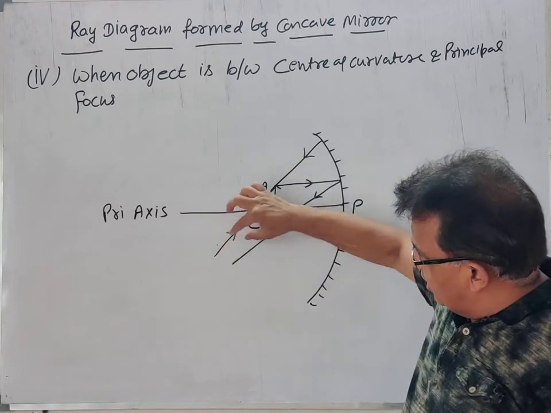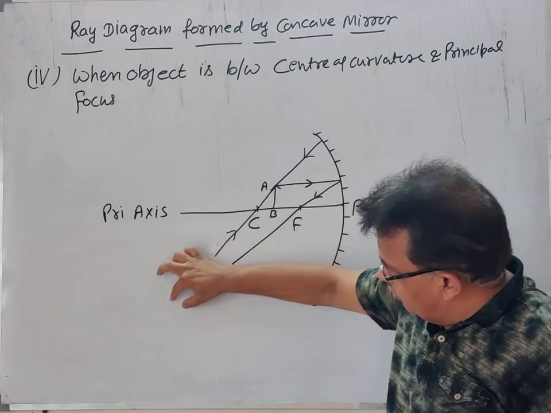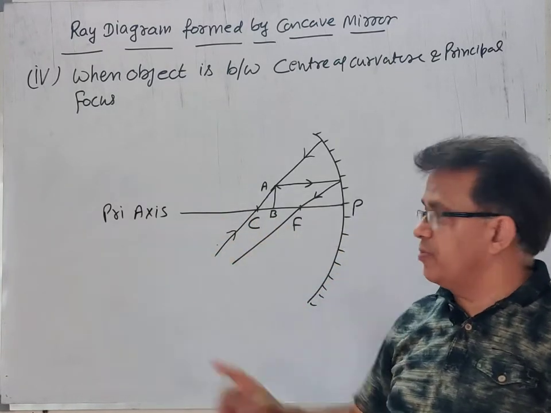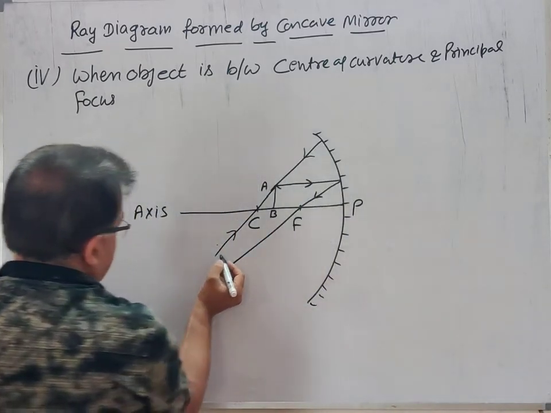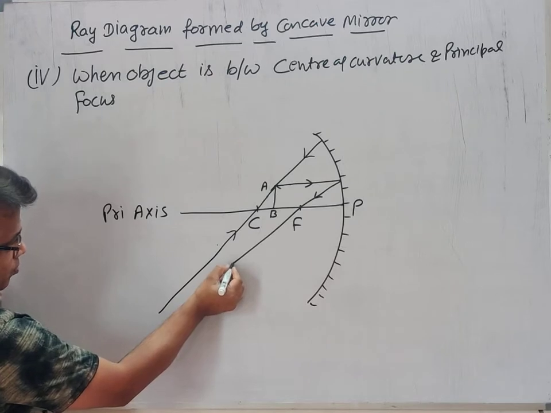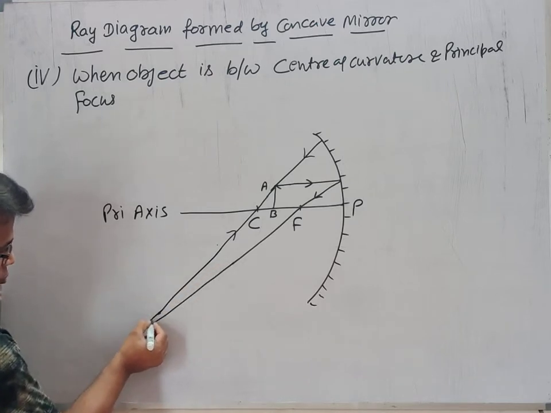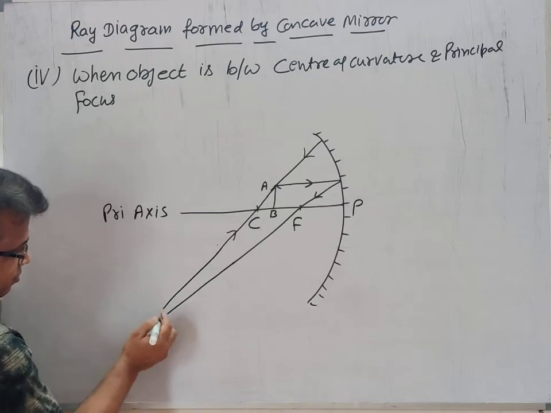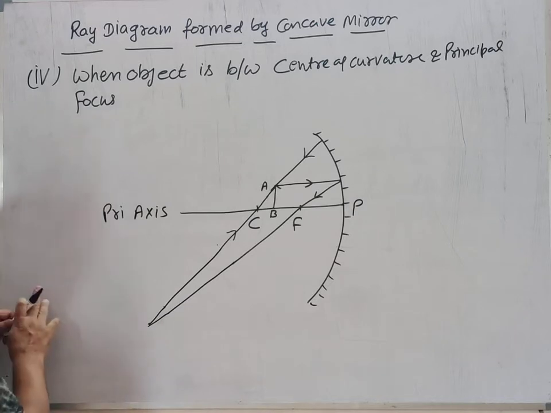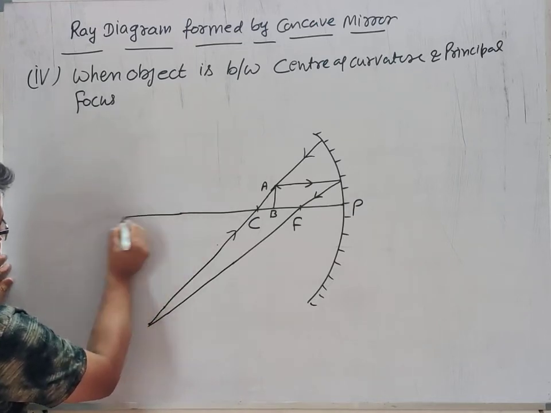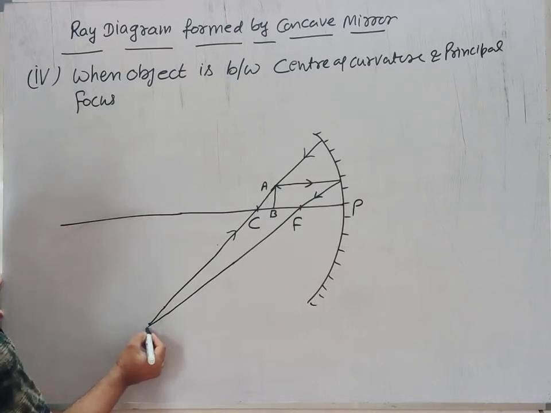They will meet, their gap is going to decrease, they will meet approximately here, that is beyond C. However, there is no need to show the full diagram, it is sufficient, but if you want to show it, they will be formed approximately here, and we have to extend this, the image will be formed here.